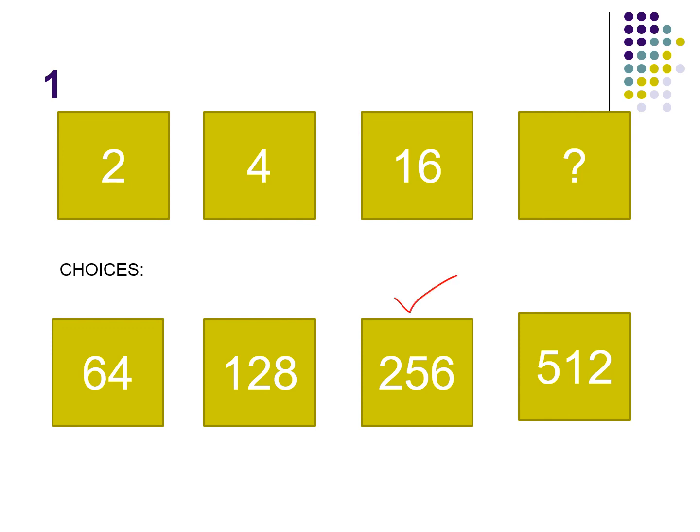Ayan. So this is the correct answer. Why? 2 times 2, it will lead us to 4. And then 4 times 4, it will lead us to 16. And 16 times 16 would be equal to 256.